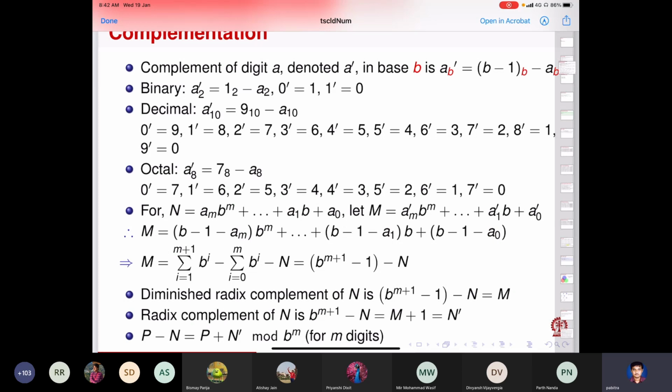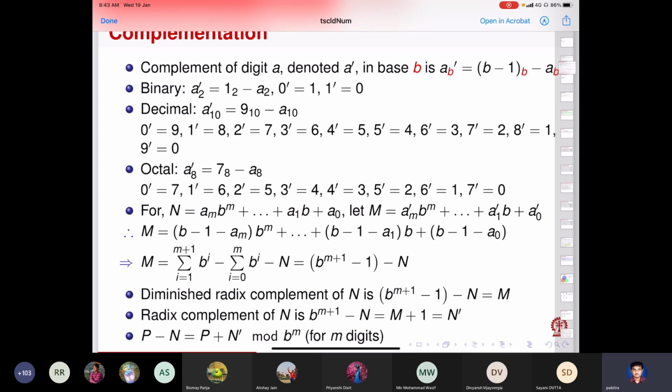So basically, the subtraction can be replaced by addition of the complement, mod b to the power n. What is the meaning of this mod b to the power n? If it exceeds the highest digit, you take only the remainder.